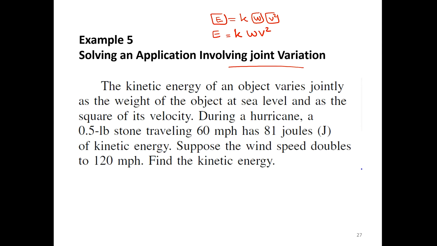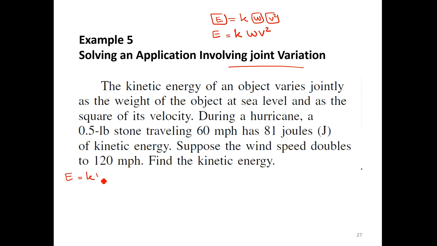Now, during hurricanes, a 0.5 pound stone traveling 60 miles per hour has 81 joules. So we need to find the constant from this given value.